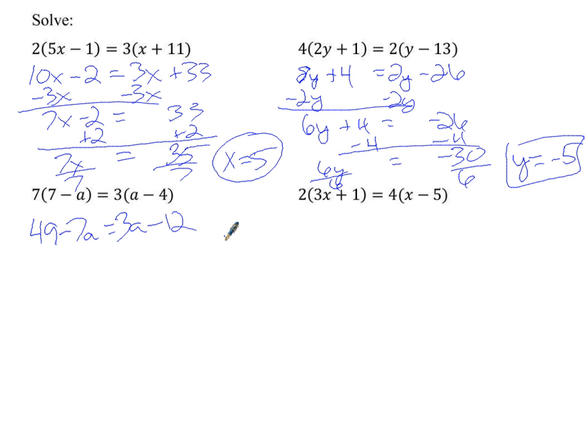So now what do we do? Subtract 3a from both sides. Minus 3a, and what do we get? That's a 49 with my awesome handwriting.